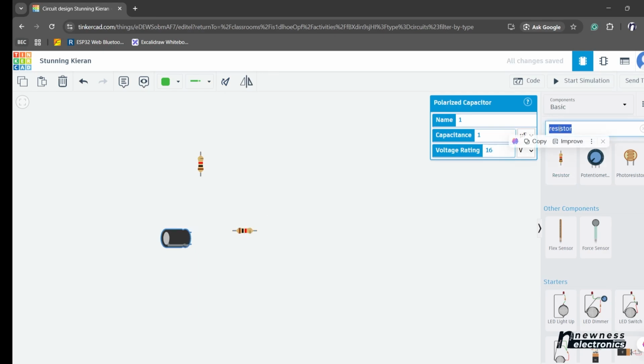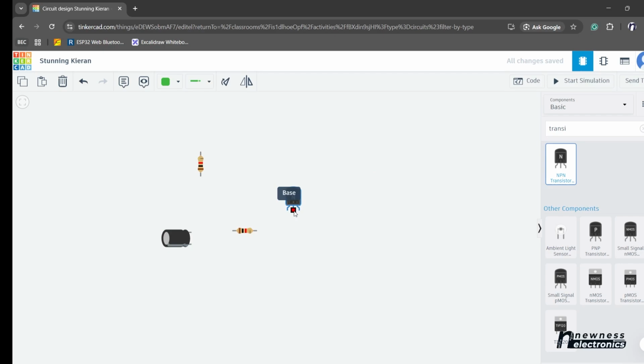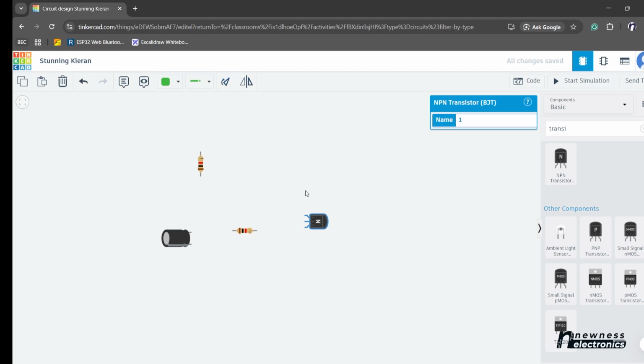Then a transistor to turn on a LED. This can actually be anything other than a LED. So what we want to build now is a circuit that turns on after some seconds. Another resistor, and my LED.